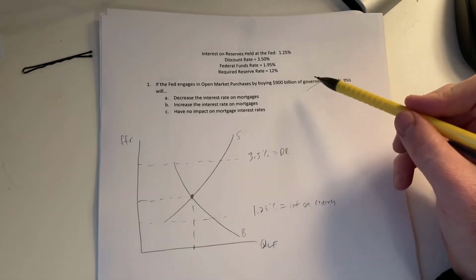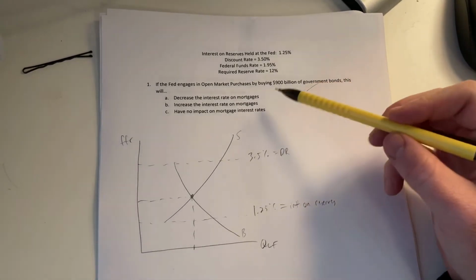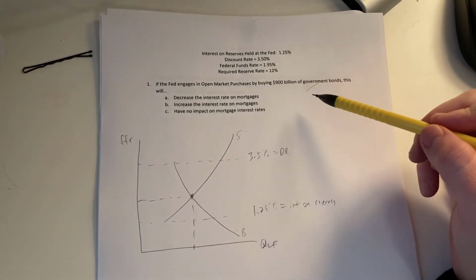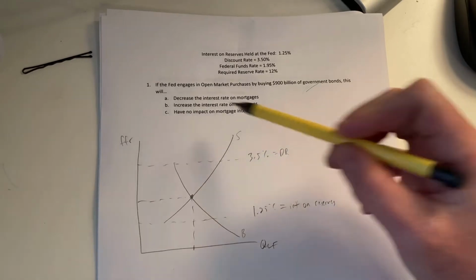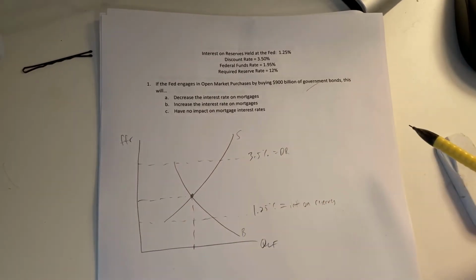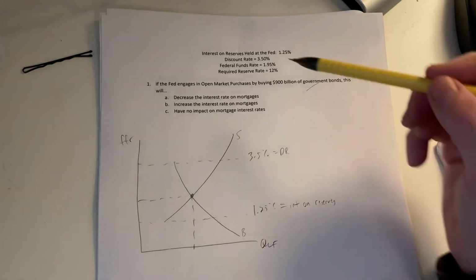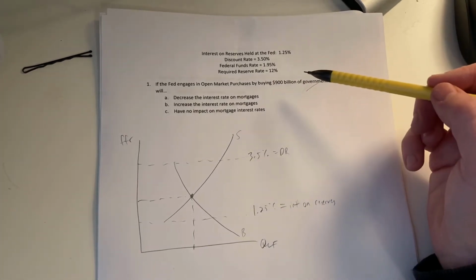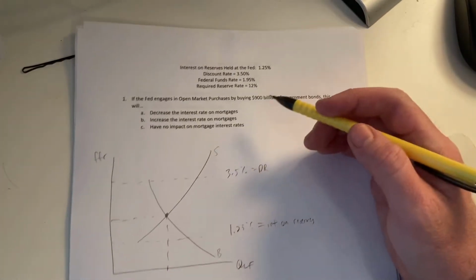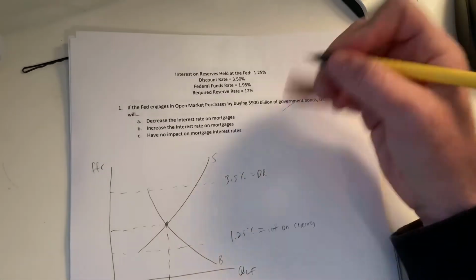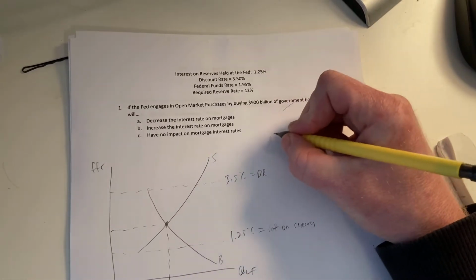So getting back to the original question here, if the Fed engages in open market purchases, all right, turns out this is not going to be very important for this particular question, but we need to think about how that would affect mortgages, okay? In the case of a mortgage, the bank is the saver.